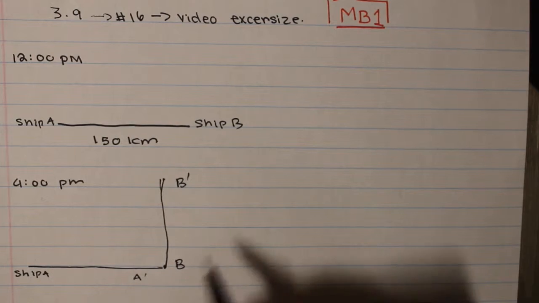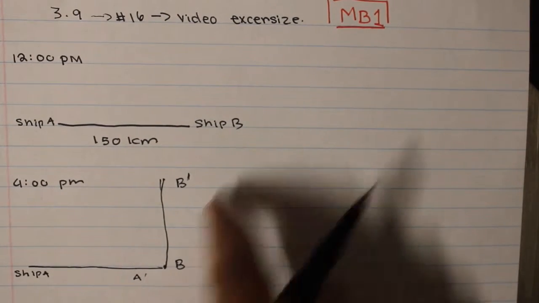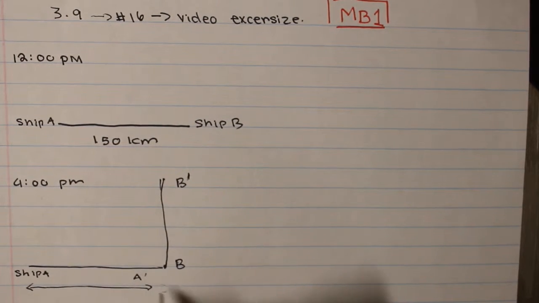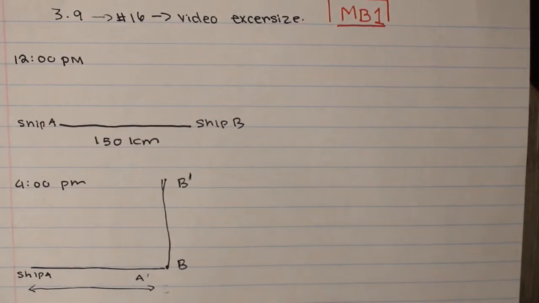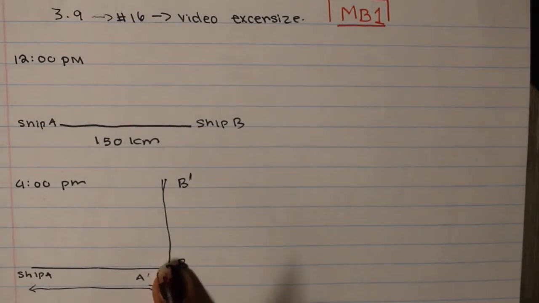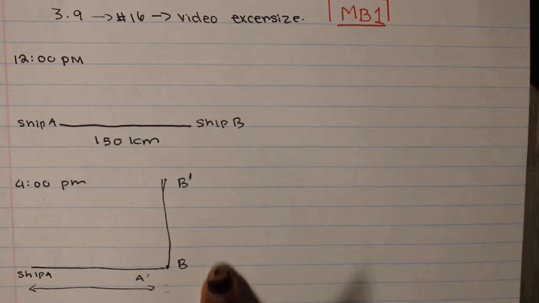I'm just putting this mark here to show how much it traveled. We know that the distance between this whole thing was 150, and that ship A travels 35 kilometers per hour east, and B travels 25 kilometers per hour north.